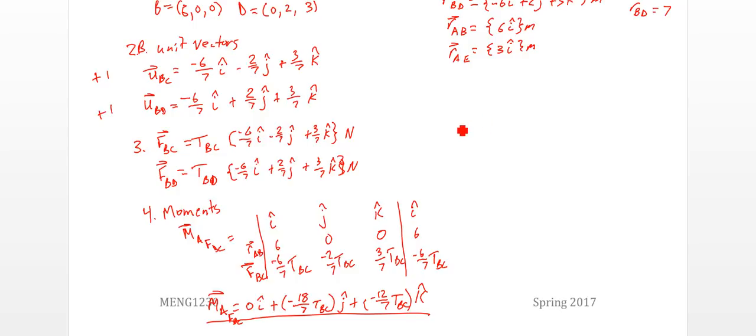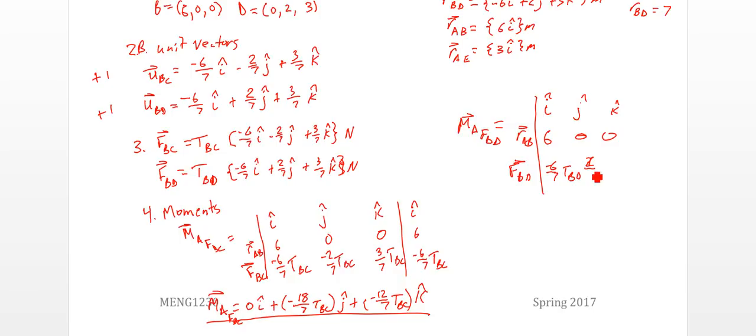And then we'll take another moment, the moment around A due to the force BD. This is very similar. It's going to be i, j, k, and our position vector again is RAB, so that's 6, 0, 0. And our force BD equals negative 6/7 tension BD plus 2/7 tension BD, and then 3/7 tension BD.